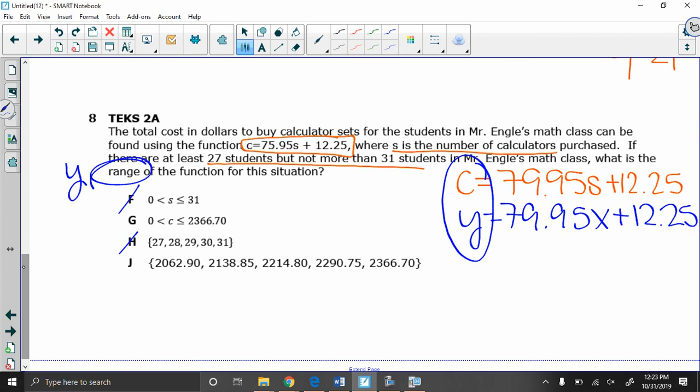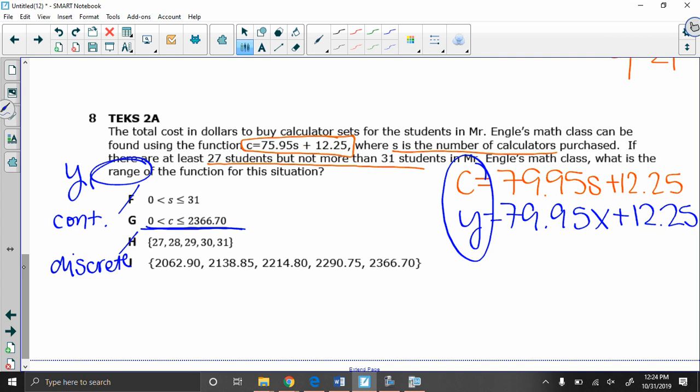Now, when it comes to determining if it's a continuous function or discrete, we need to think of one thing. Can we purchase parts of calculators? So can I purchase a part of a calculator for a student? Well, that answer would be no. So that means I can't have all of these values in between 0 and $2,366.70.